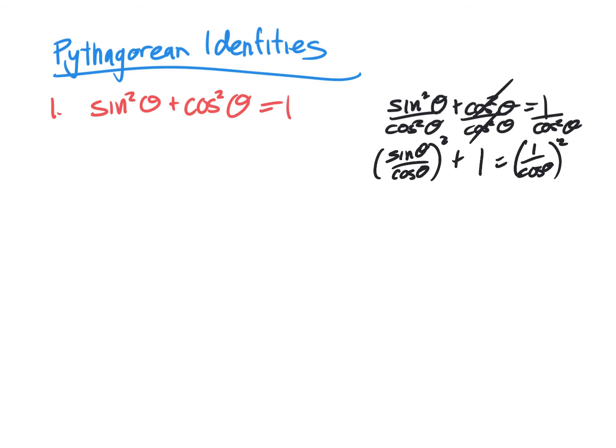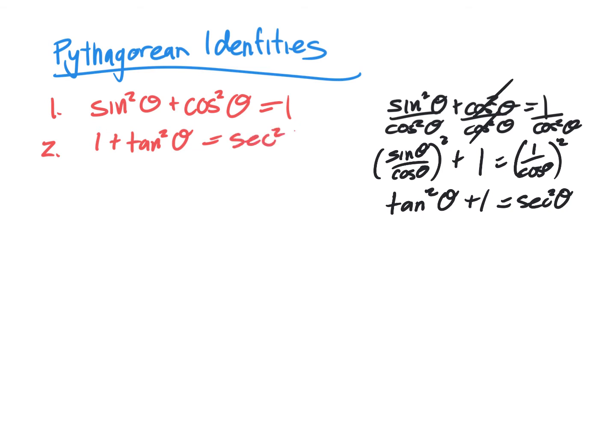Sine over cosine is tangent squared of theta plus 1 equals, and then 1 over cosine is secant squared, or secant of theta quantity squared. So this leads us to our next Pythagorean identity, which states, and we're going to write 1 first: 1 plus tangent squared of theta is equal to secant squared of theta.